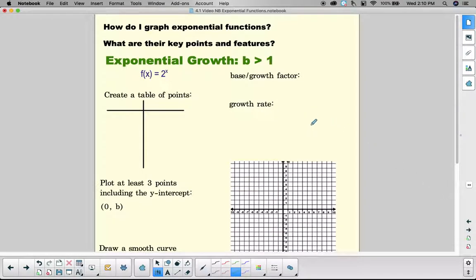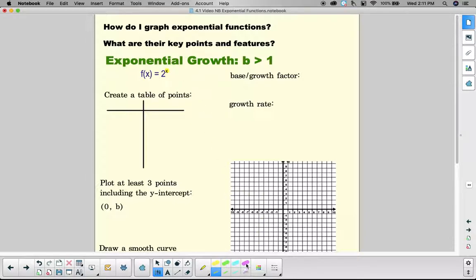Okay, so how do we graph exponential functions? Let's look at exponential growth. So here's our function. F of x is equal to 2 to the x. The base in this function is the number that the variable x is stuck to. So here, find the variable x. That tells you what type of function. It's an exponential function.